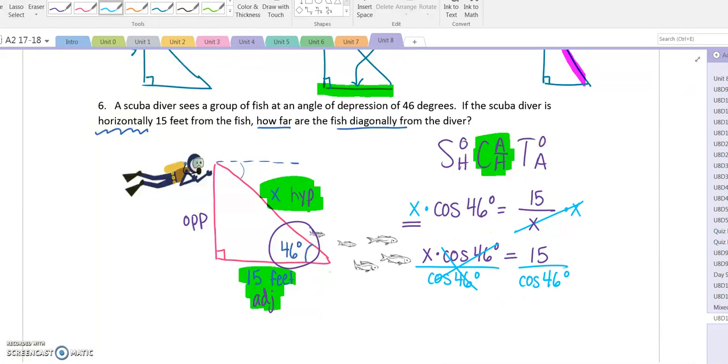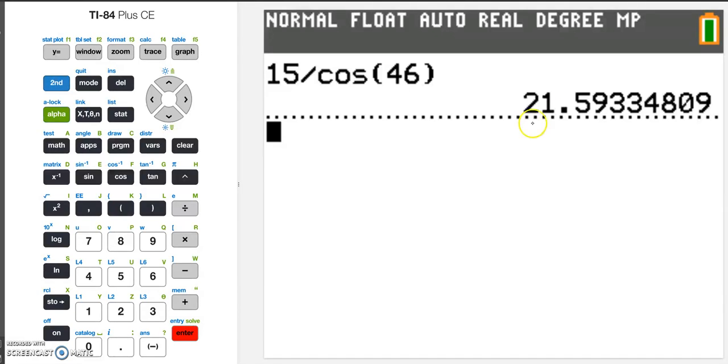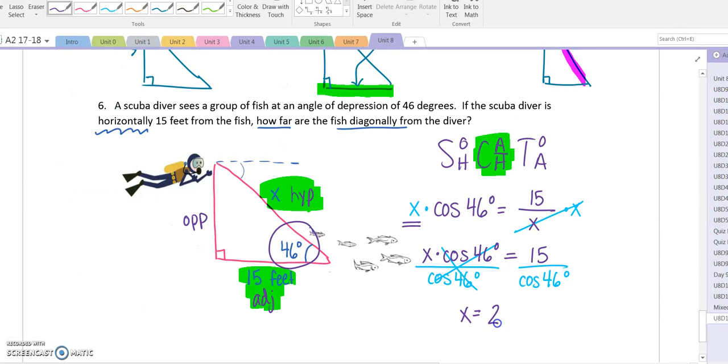That way x will be alone, and I can type the rest into my calculator. So 15 divided by cosine of 46. Close it up, and that's 21.6. And remember, this is a side, so same as the other side, this will be feet, 21.6 feet.